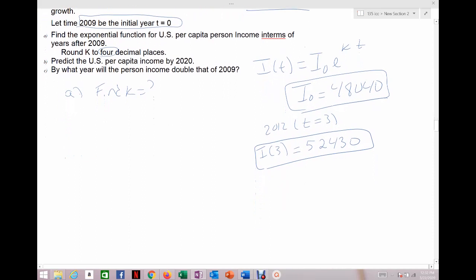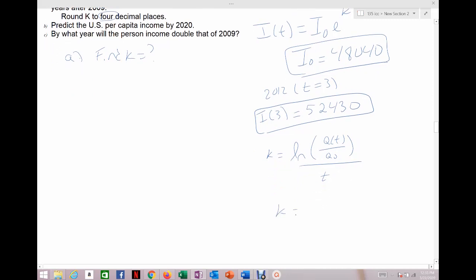All right, so remember, I talked about this in the earlier set when we first were setting this up. You can either remember that quick equation if you want to for k. So remember, k is the natural log of my quantity at time t over my initial quantity, all over the time. For this particular application, our quantity at time t would be 52,430 divided by our initial quantity, which is 48,040, all over the time it took us to grow to that, which was 3.